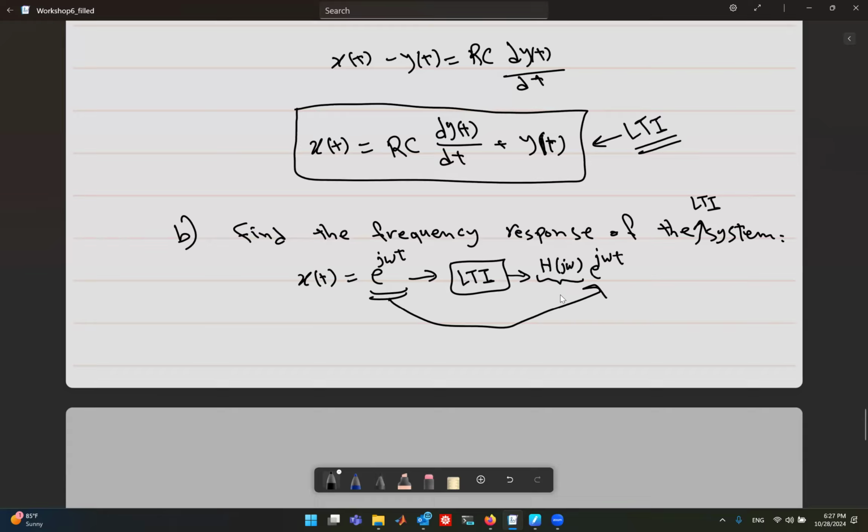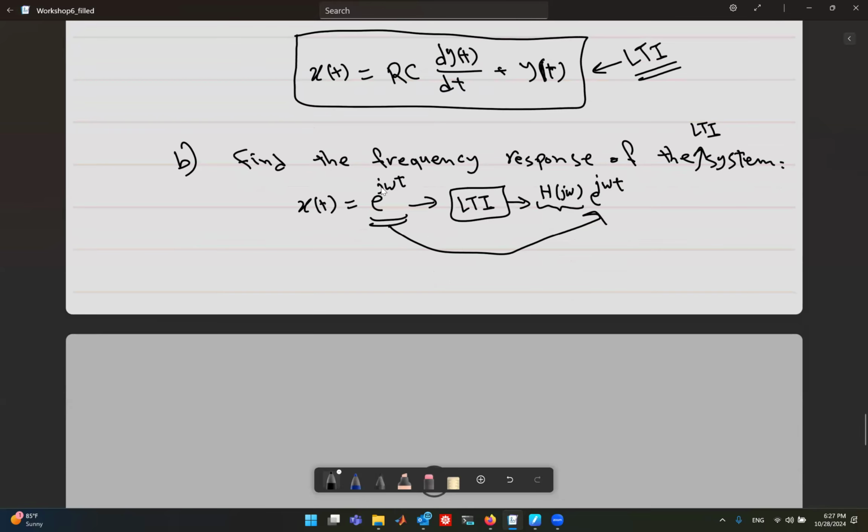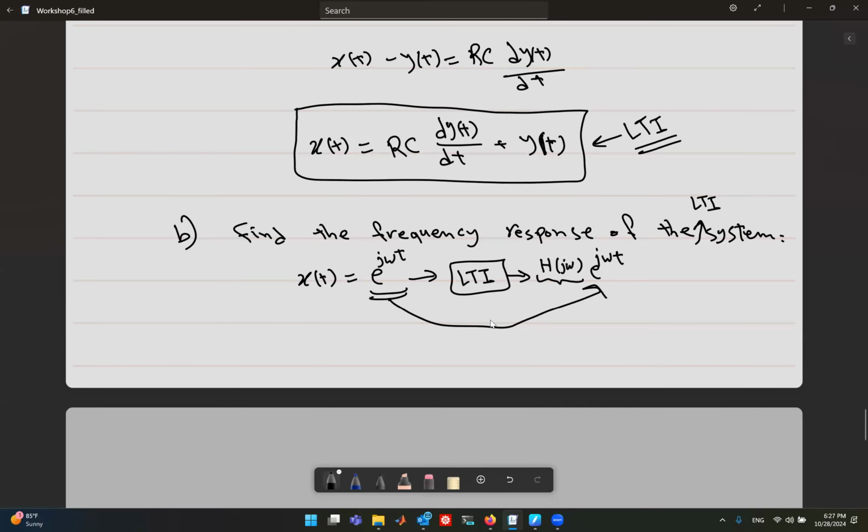But this is true only for LTI systems. After you make sure that the system is LTI, then we can apply this. If the input is an exponential periodic function of this form, the output will be the frequency response of the system multiplied by the same input signal. Now we have a pair of input and output.